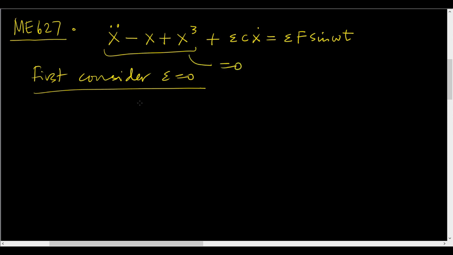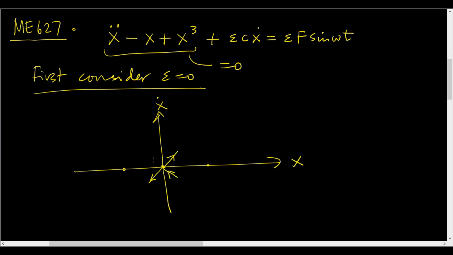And what that means is we have a phase portrait that looks like this: x here, x dot here, one equilibrium here, one here. This is unstable, one stable, one stable, and unstable direction, a stable direction. This is a hyperbolic fixed point, right?